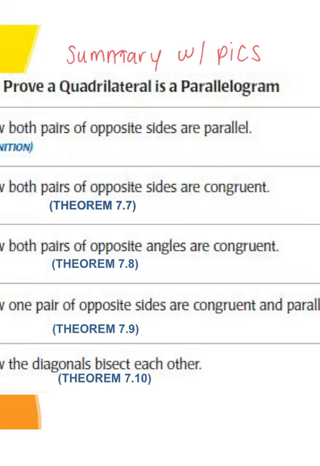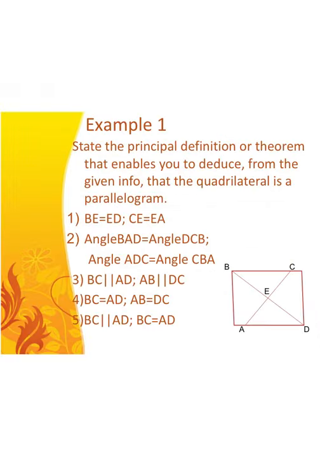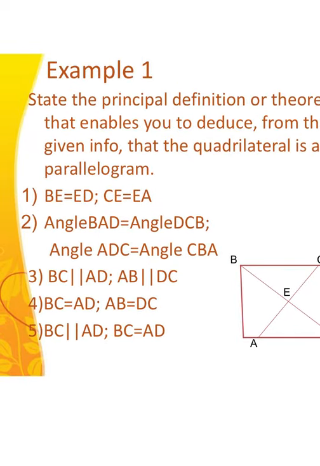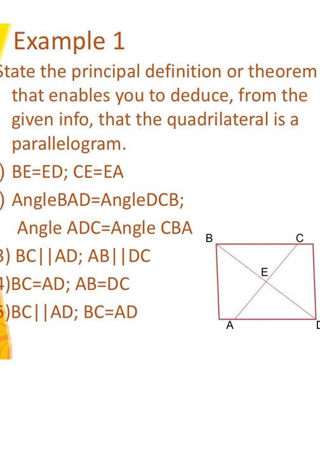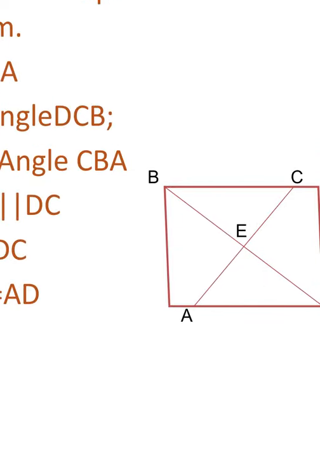Okay, peeps. Example 1. State the principal definition or theorem that enables you to deduce from the given information that the quadrilateral is a parallelogram. Again, my apologies, when it was printing, it didn't print very well. This should be a slanted parallelogram, so go ahead and draw a line from B to A and from C to D. Should look more like that, and not with this extra part.